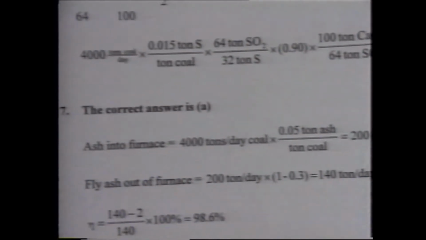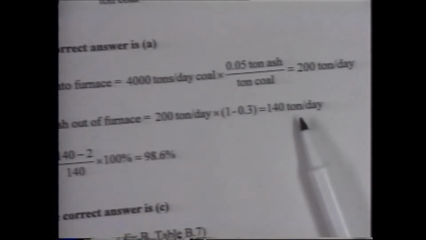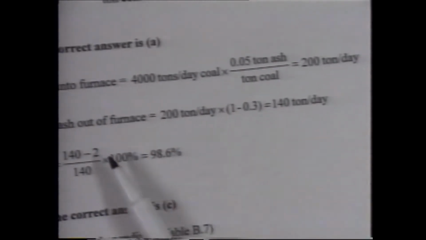Fly ash coming out of the furnace is 1 minus the bottom ash percentage, or 70% of 200 tons per day, or 140 tons per day. To meet an emissions regulatory limit of 2 tons per day, the efficiency required is the input to the ESP, which is the output from the furnace, minus the regulatory limit divided by the input, 98.6%.